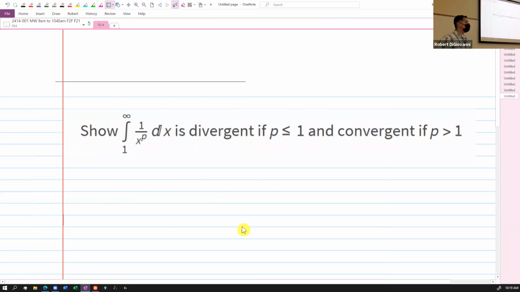Show that if we take the integral from 1 to infinity of 1 over x to some power p, that it's divergent whenever p is less than or equal to 1, or convergent if p is greater than 1.